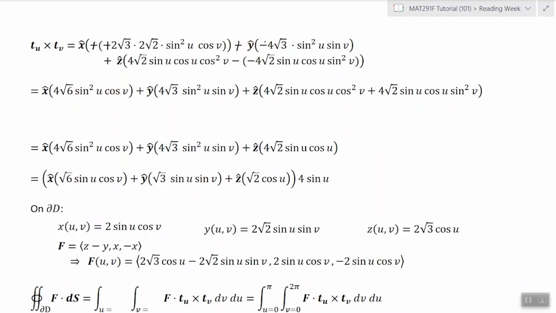Here, negative and negative cancel, that's how I got this plus, and the rest I copied exactly. You can see it here. For the z component, you see there is this negative and negative, those cancel, that's how I got this plus, and then the rest, this part is the same as this part, and this part is the same as this part. I didn't change anything.